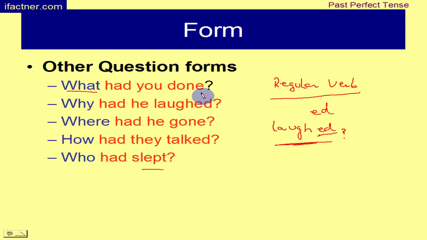But there are irregular verbs, and for those irregular verbs, we have to remember the second and the third form by heart.